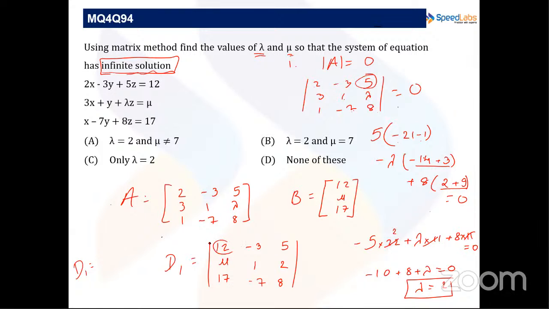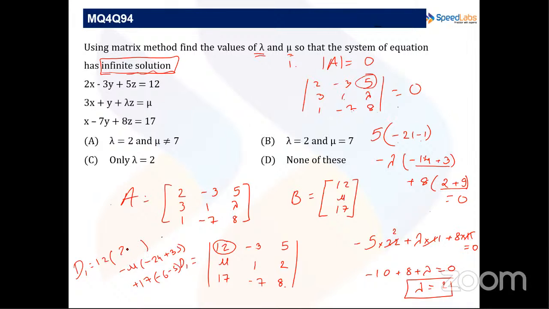So D1 will be 12 into 8 plus 14, minus mu into minus 24 plus 35, and plus 17 into minus 6 minus 5.